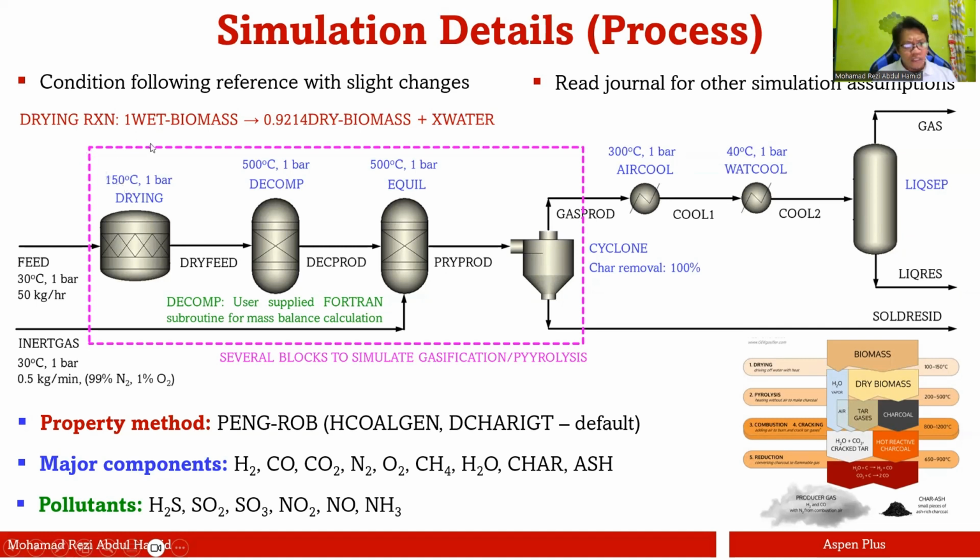As you can see, all of the reactors inside this maroon box, is it maroon? I don't know what color this is. These boxes are basically all of the minor steps I have to do in order to simulate the gasification process.